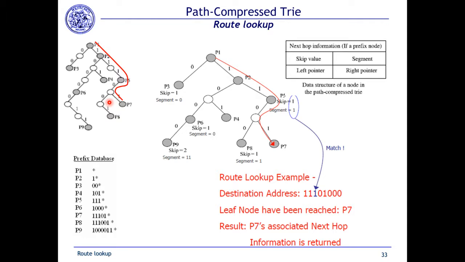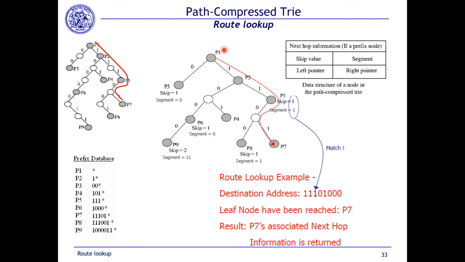On the left side you have the lookup into the original uncompressed trie, and here you have the lookup corresponding to lookup in the compressed trie.